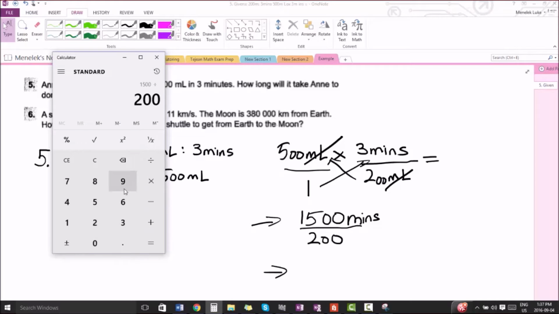Now before I go through, did you see how I got that 1500? Yes. Excellent. So the 500 times the 3 gives us 1500, and our 200 stays because the only thing that was canceled out was the units, which is milliliters. Okay? Now when we do 1500 divided by 200, we get an answer 7.5.